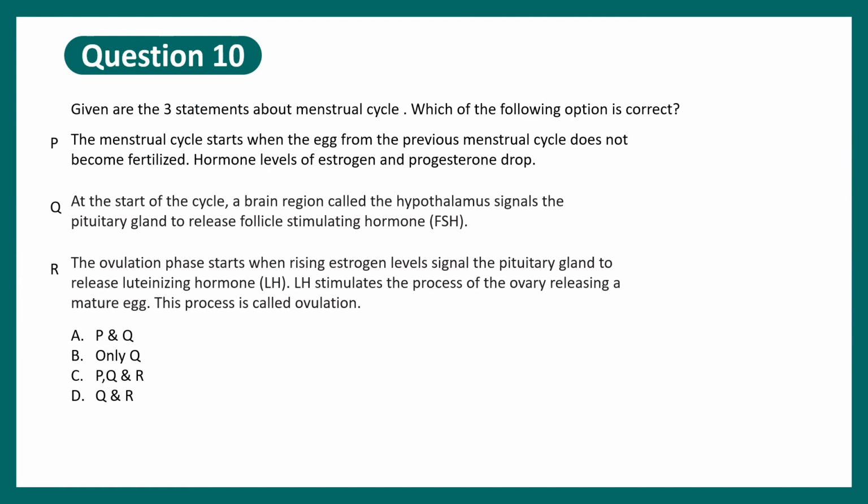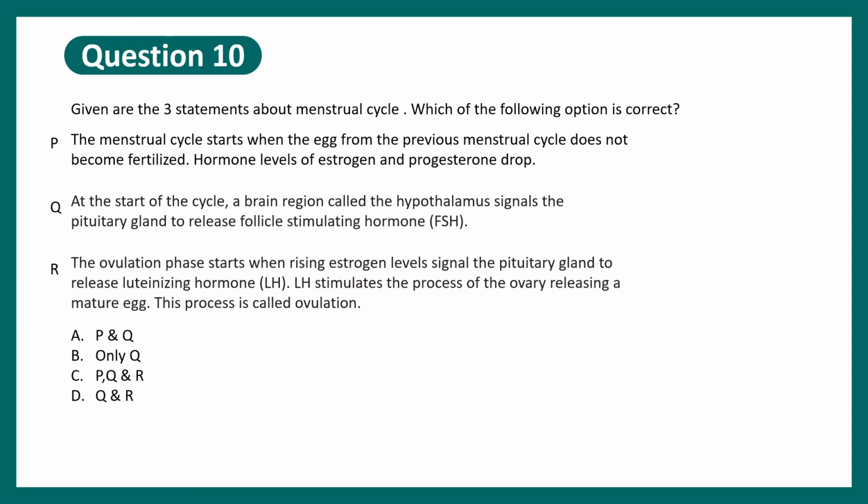Question 10. Given are 3 statements about the menstrual cycle, which of the following is correct? The menstrual cycle starts when the egg from the previous menstrual cycle does not become fertilized. Hormone levels of estrogen and progesterone drop. At the start of the cycle, the brain region called the hypothalamus signals the pituitary gland to release follicle stimulating hormone.